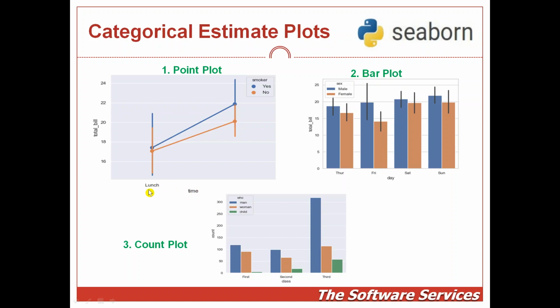If you analyze, lunch is taken as a categorical variable here, and the total bill is taken as a numerical variable. The point plot, as the name itself tells, will mark points, from the minimum to the maximum at the lunch time, okay.